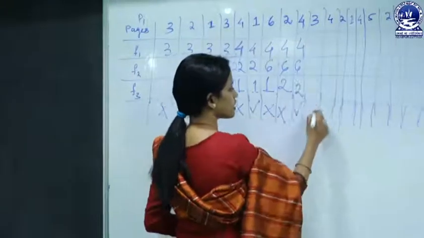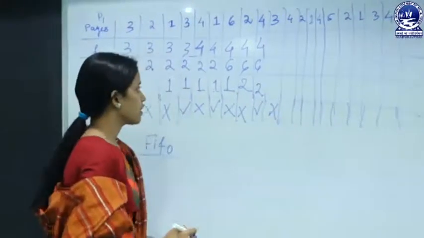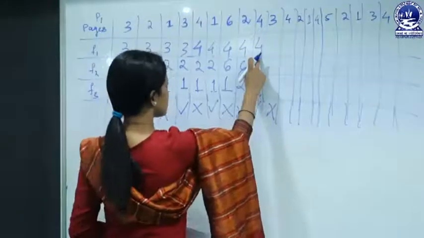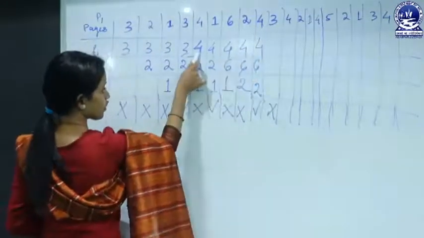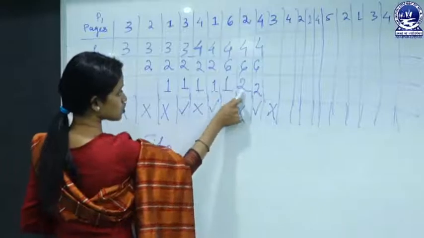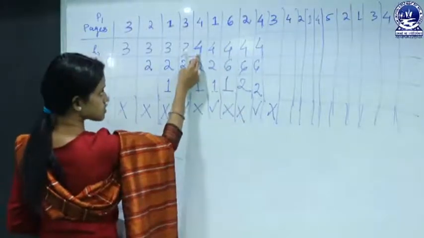Then 3 is not there in the main memory. Miss. Okay. We replace, see, 4, 6, 2. So 4 is the oldest. So we replace it.